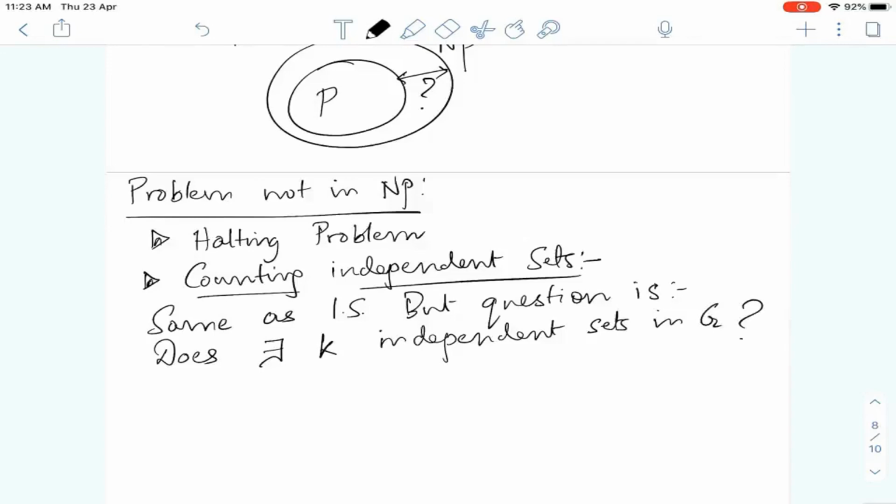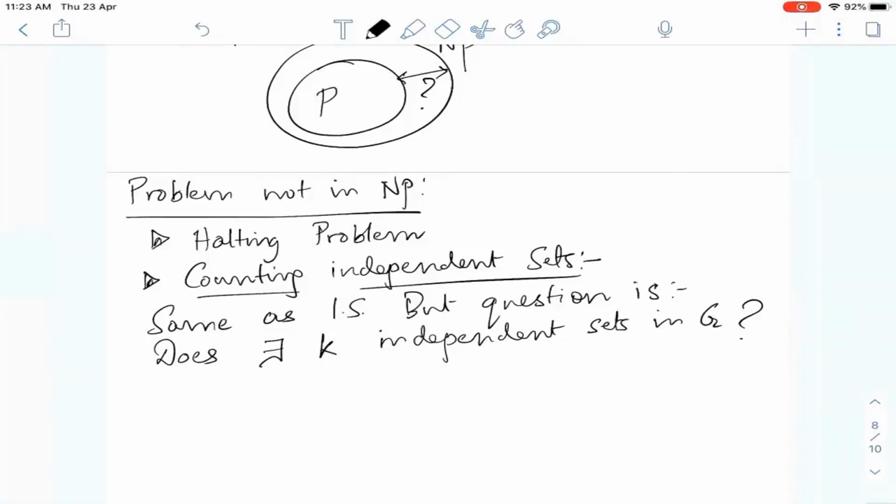Now I am not interested in finding the size of the maximum independent set, but rather in counting the total number of independent sets in my graph. You just have to give me this answer, how many independent sets exist. Let's say I give you some number k, so I'm taking the decision version of this problem. I ask you: does there exist at least k independent sets in your graph? This problem is not in NP.